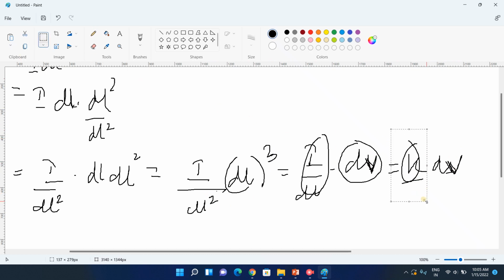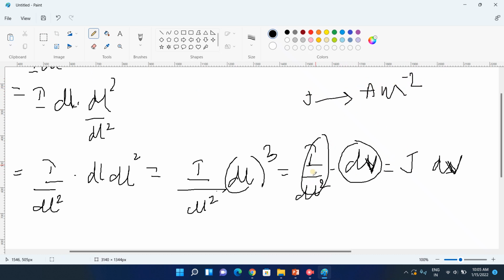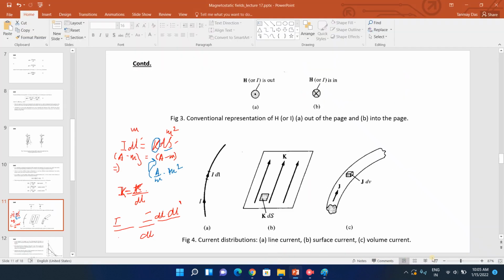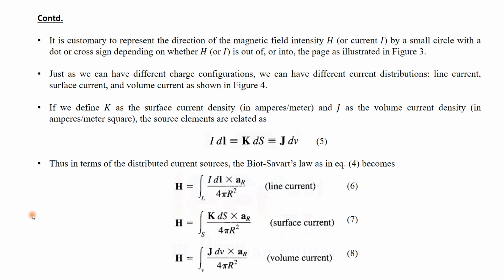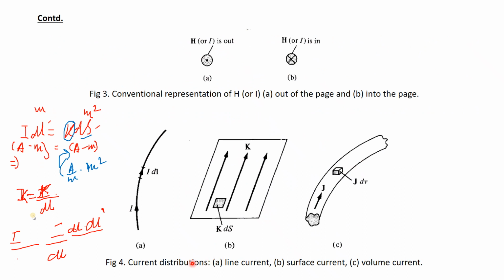So this becomes dl square, so J is ampere per meter square. J's unit is ampere per meter square. So it is current density, surface current density, J. That is why we can replace I dl with K ds or J dv.